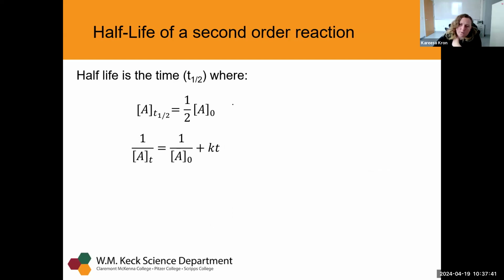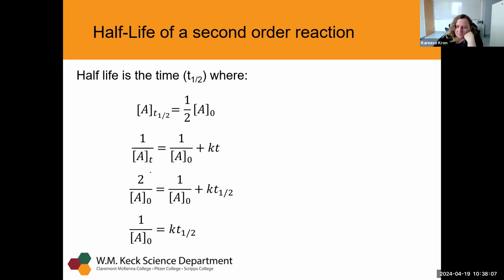For a second order reaction, we have a different integrated rate law that we once again plug these values into, and we get 2 over A naught. And so if you plug a fraction into a denominator, the denominator switches to the numerator, so that's why I get 2 over the initial concentration is equal to 1 over the initial concentration plus k t of 1/2.